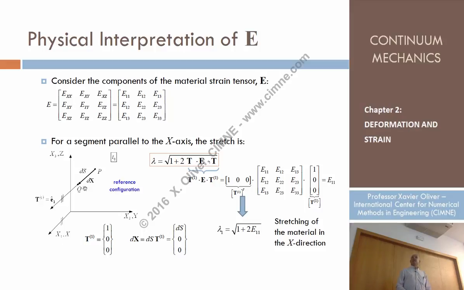So, look, what I've done. The stretch of a segment that is placed in the reference configuration in the x1 direction can be obtained just by using that information. In other words, that term of the strain tensor informs about the stretch of segments which are oriented in the direction x1.